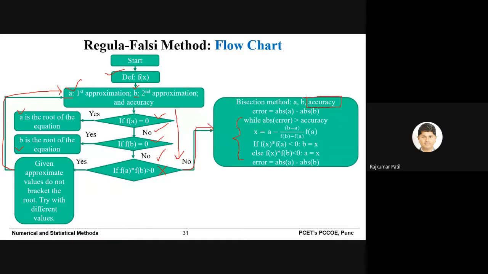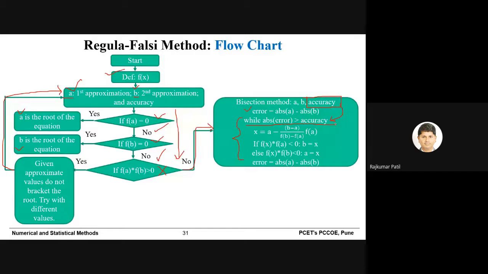Here you need to define the accuracy of the result, and in order to maintain and verify the accuracy, we first calculate the error, and then we use a while loop.